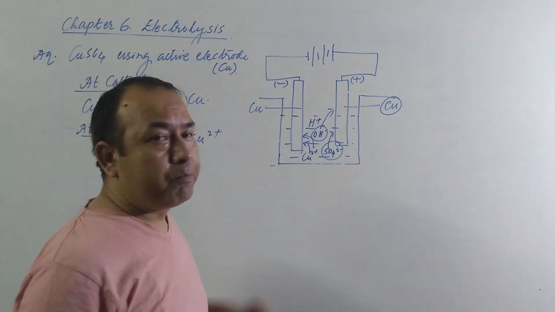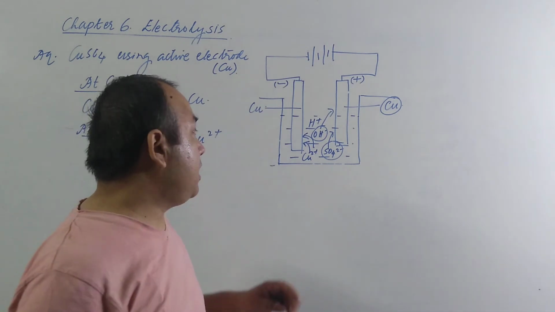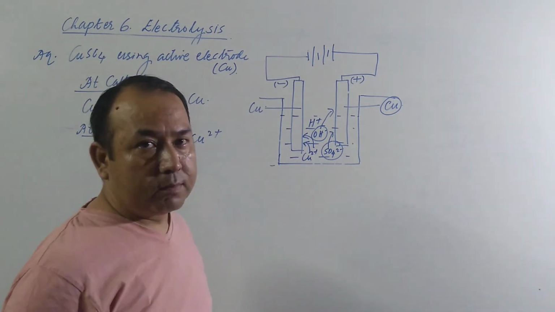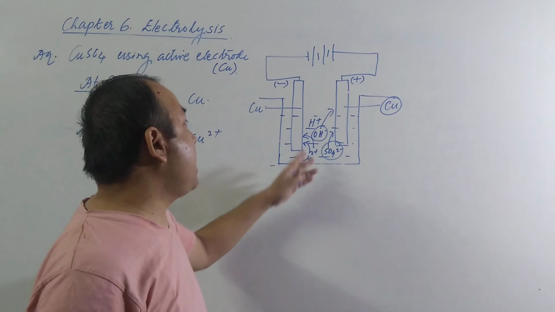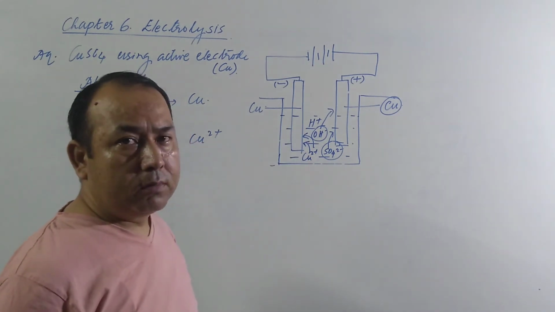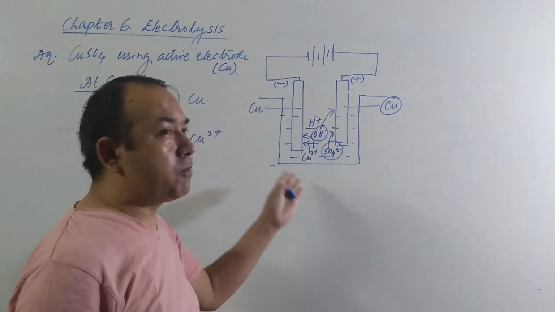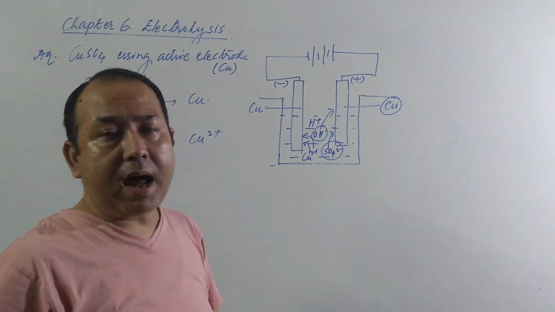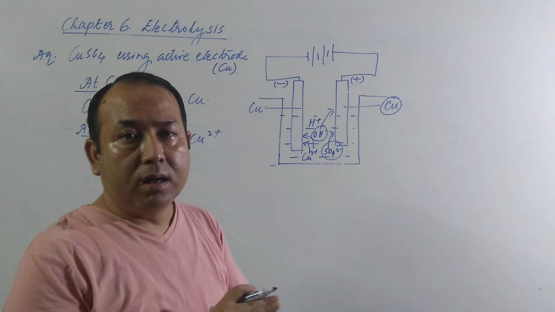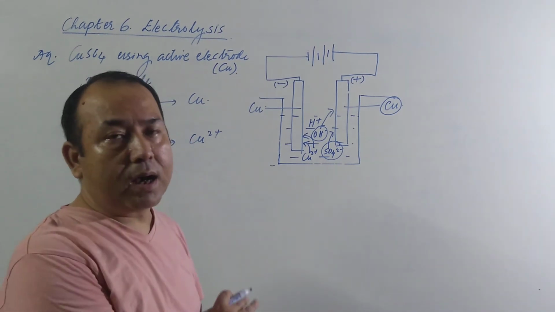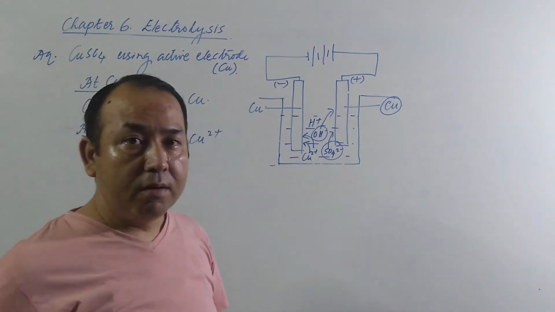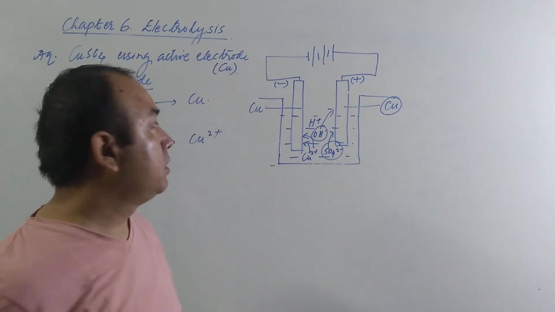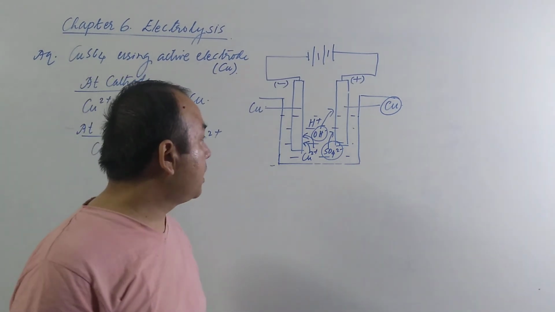Because the same number of copper ions removed due to discharge at the cathode will come from the anode. So the concentration of copper ions in the copper sulfate solution remains the same, and that is why the blue color does not fade away. These things you need to remember.